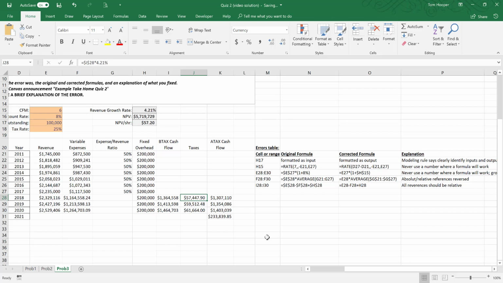Okay, moving on to taxes. Looks like we've got a number where a formula would work, and somebody was being tricky and used the wrong number. Also looks like our relative and absolute need to be fixed there.